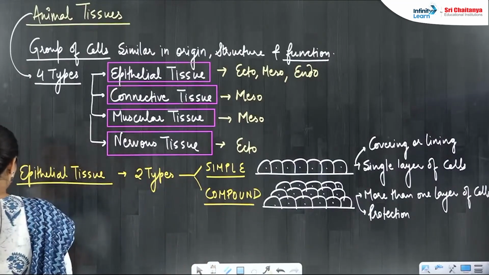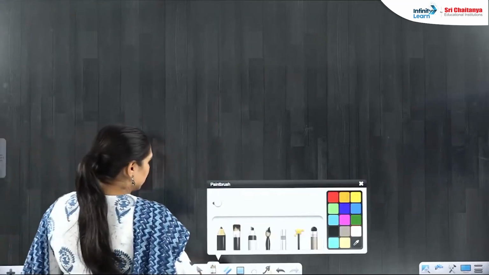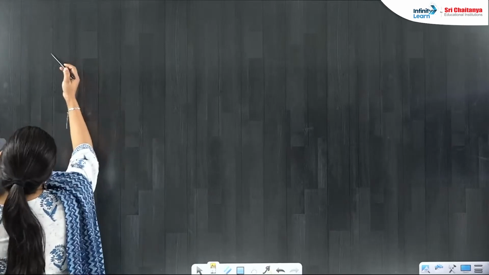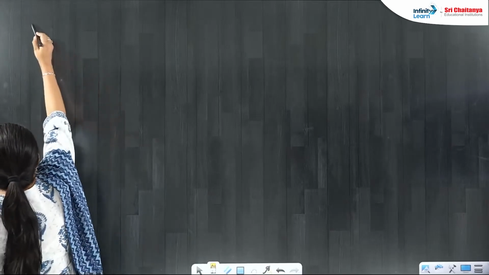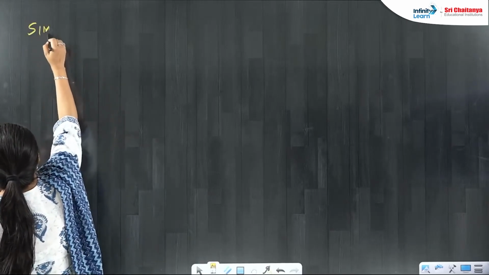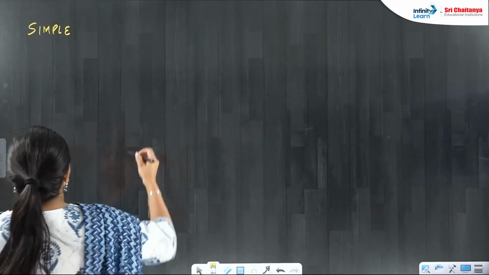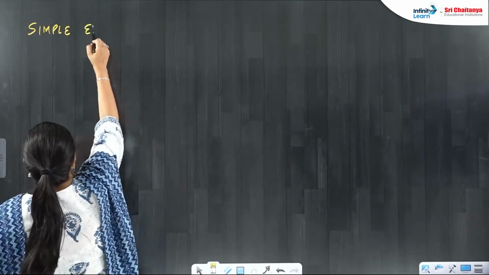Now let me move on to the next page and talk about the simple epithelium, beta. In today's class I will be talking about the location of different types of simple epithelium.